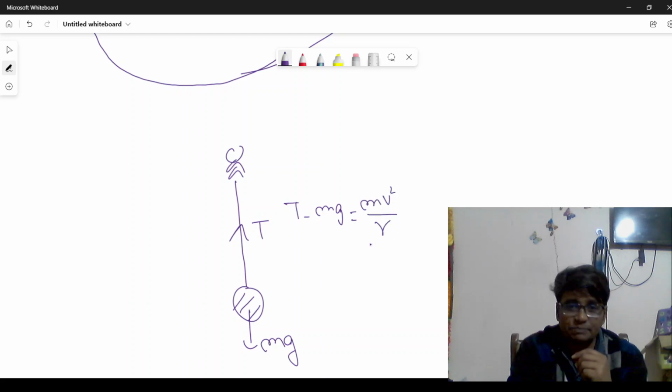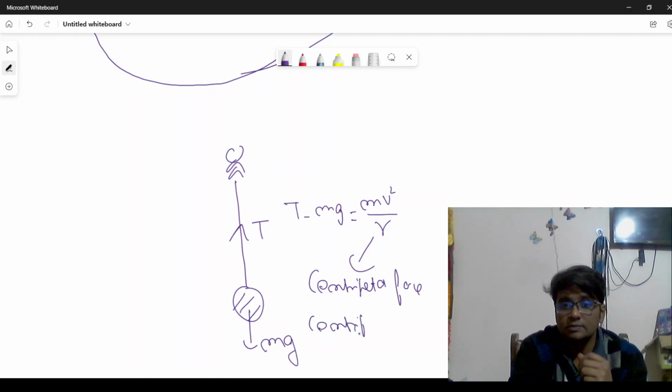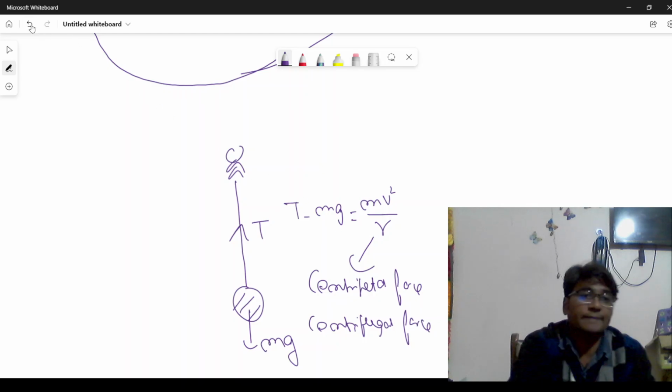That will give the expression for what some say is the centripetal force, and someone else might say is the centrifugal force.